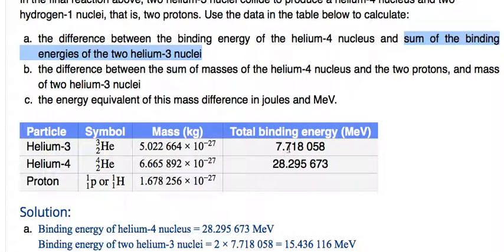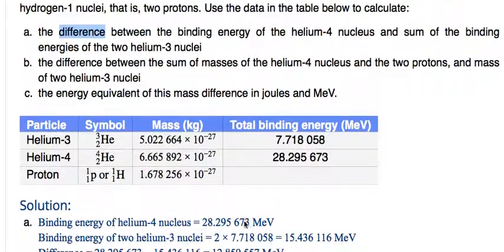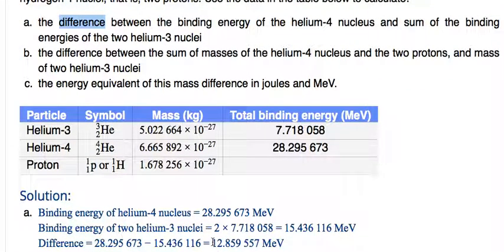We just take this number and times it by 2. That's the sum. Then we find the difference between these two binding energies, taking the smaller one away from the bigger one, and we get this difference in energy. This is the energy that is released in the fusion reaction, around 12.9 mega electron volts.